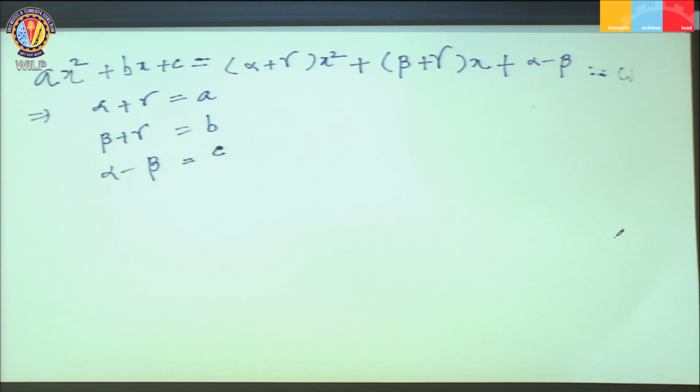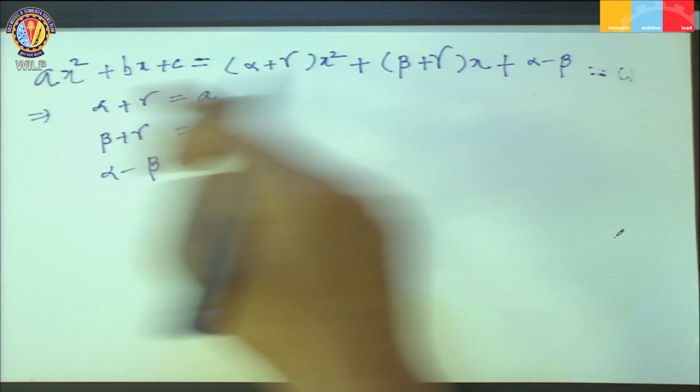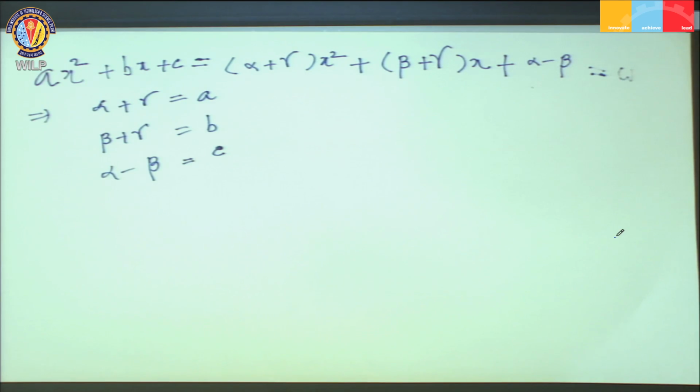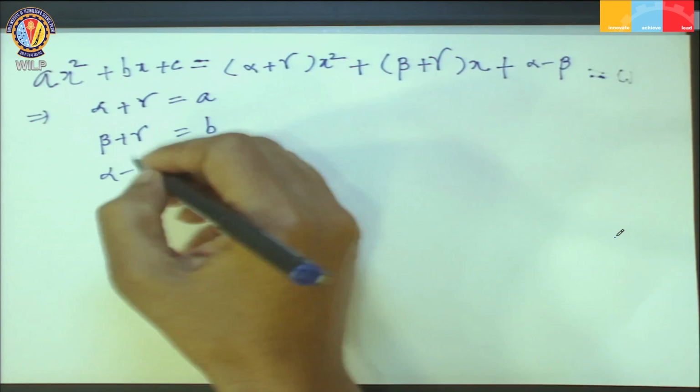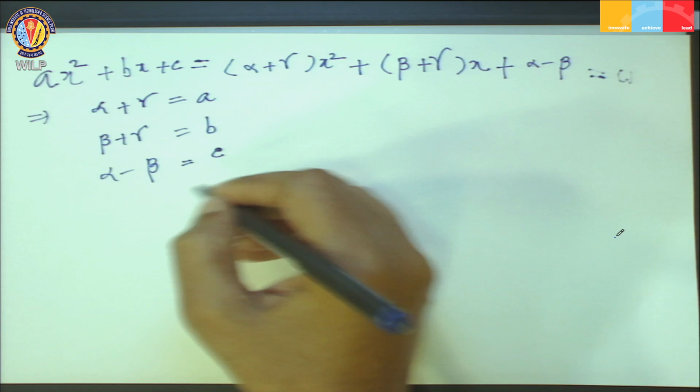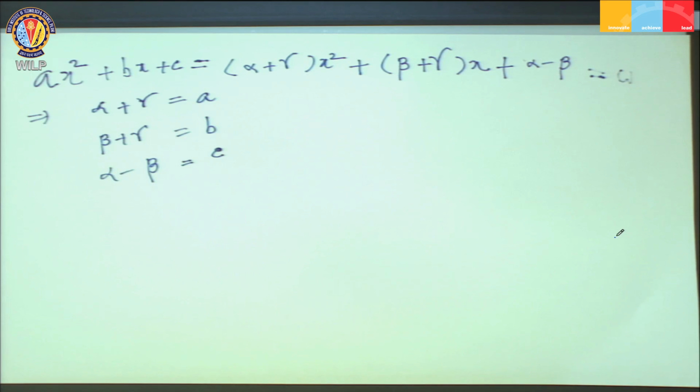So what is the meaning that these two polynomials are equal? We have said that coefficients of equal powers of x must be the same, and from here we are getting three equations: alpha plus gamma is equal to a, beta plus gamma is equal to b, and alpha minus beta is c. But whether it is possible or not, we will have to see.